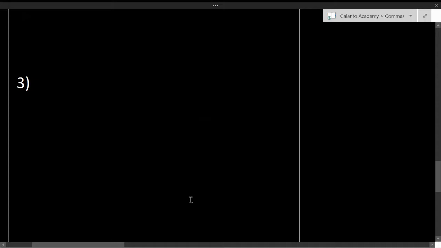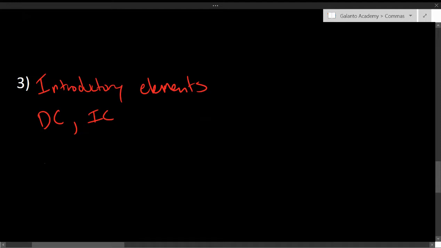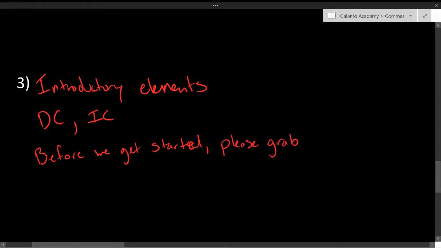Then, another way to use a comma is for introductory elements. And this is a really broad term. And a lot of times I like to think of it as a dependent clause before an independent clause. Before we get started, please grab a name tag.